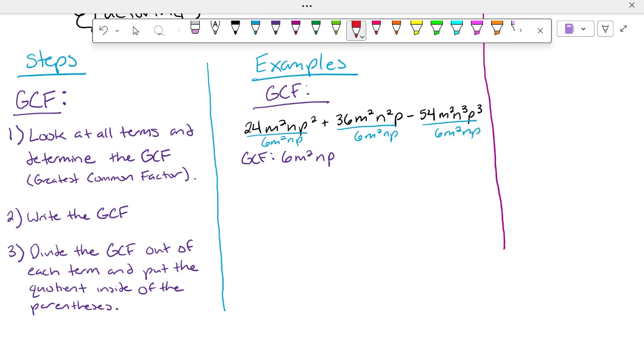And then my answer would be my original GCF and then what I get when I divided.